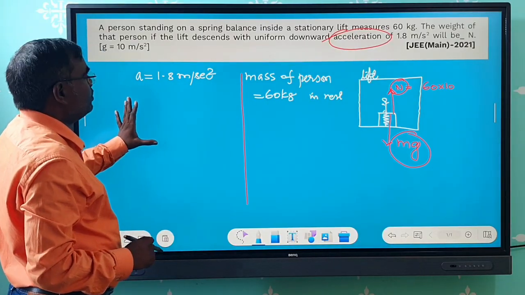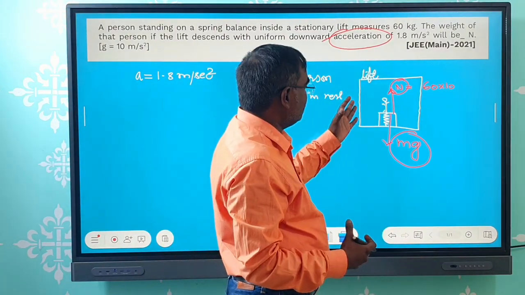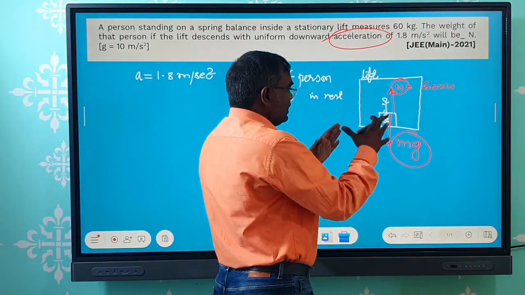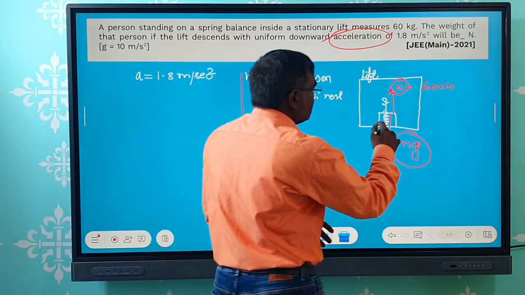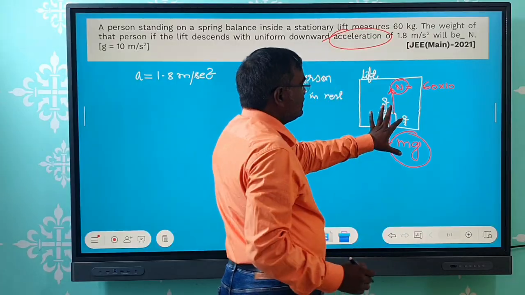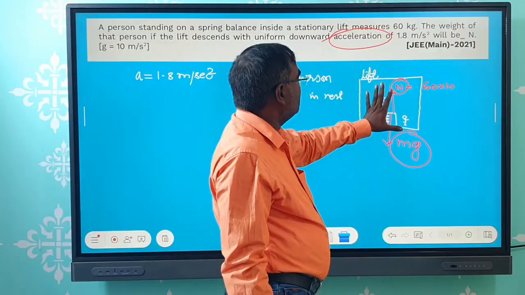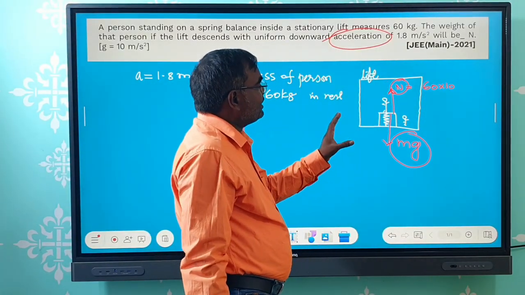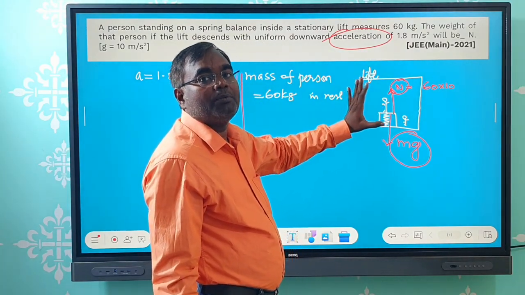When we are outside of this lift, we see that the lift is moving downward, and that lift will be the non-inertial frame of reference. But when you are inside the lift, that person will experience the pseudo force acting upwards.